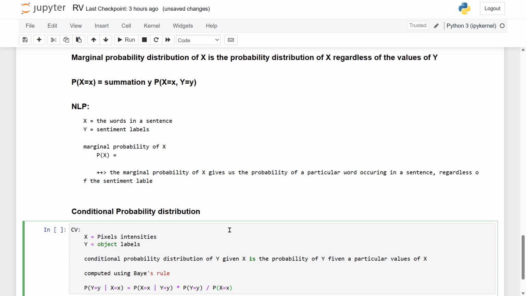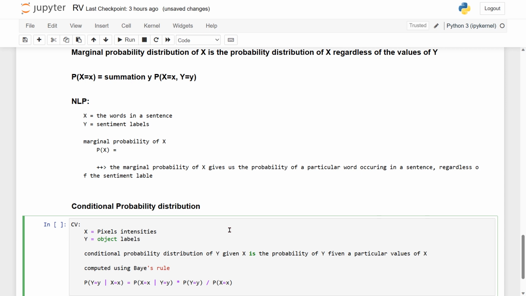So the conditional probability distribution of y given capital X tells us the probability of a particular object label occurring given a particular pixel intensity.